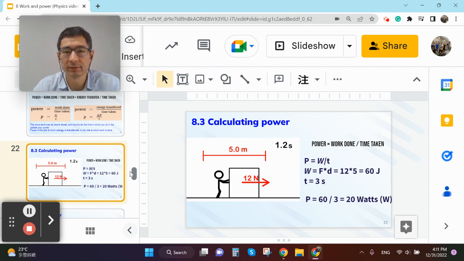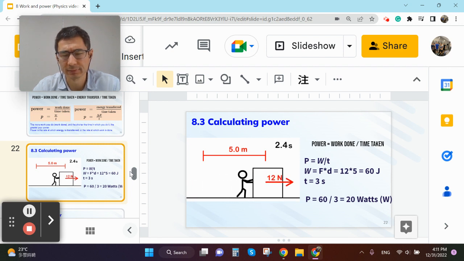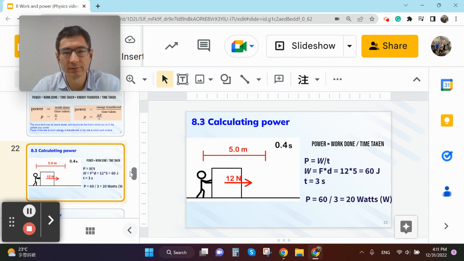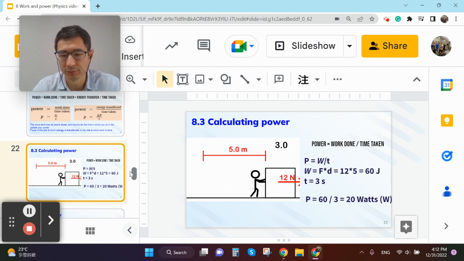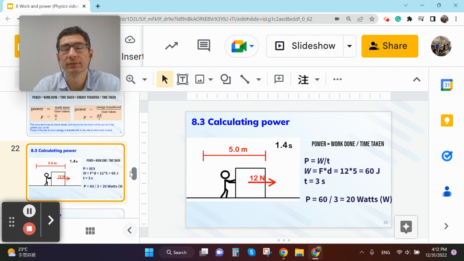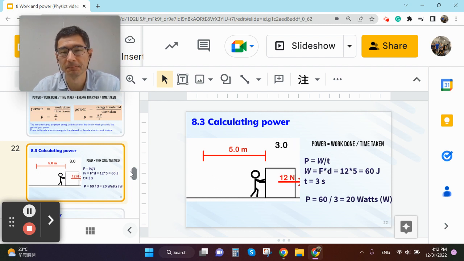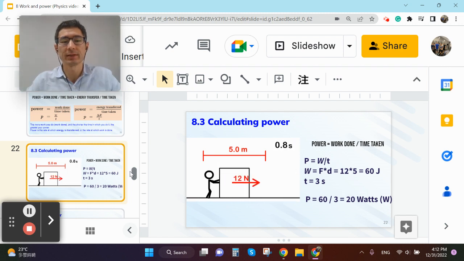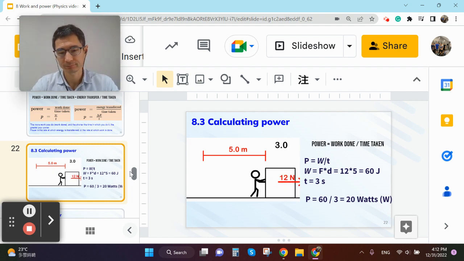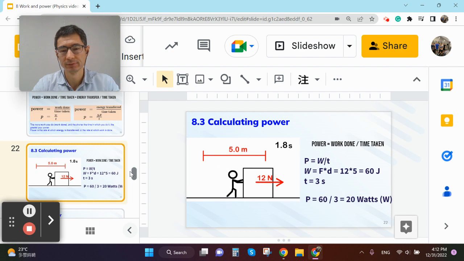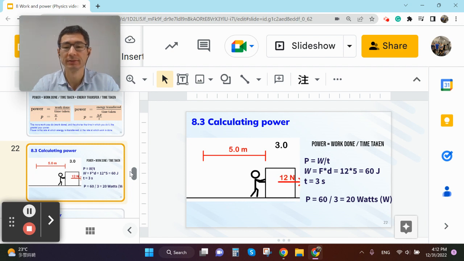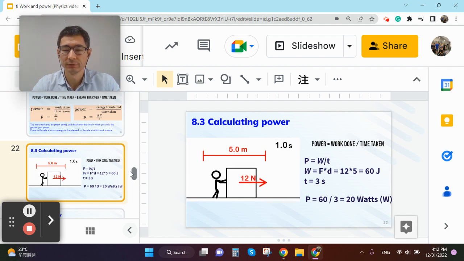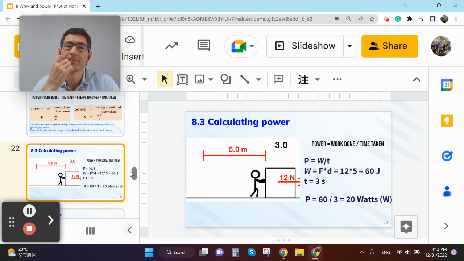The work done is force applied times distance, which is 5. 12 newtons times 5 is 60 joules, which is the work done. Now, to calculate the power, I need to divide it by the time taken, which in this case is only 3 seconds. So Stickman is applying a power of 20 watts on the box.